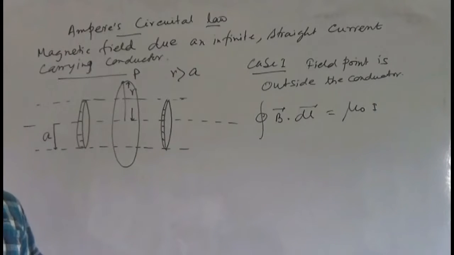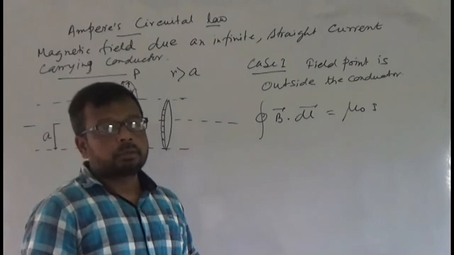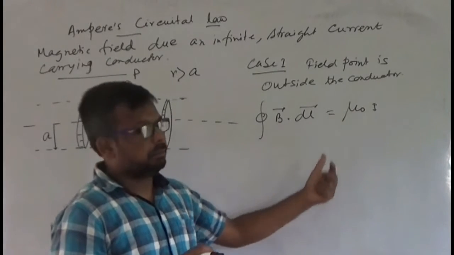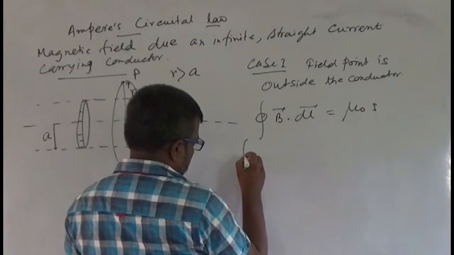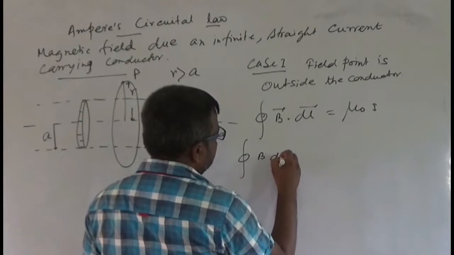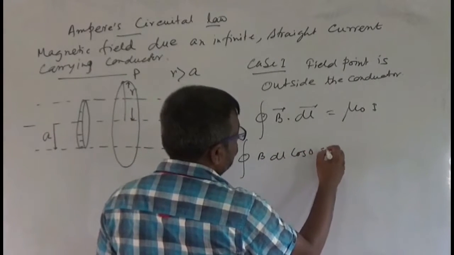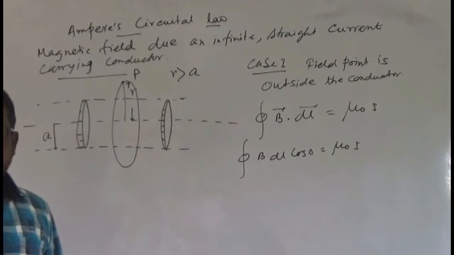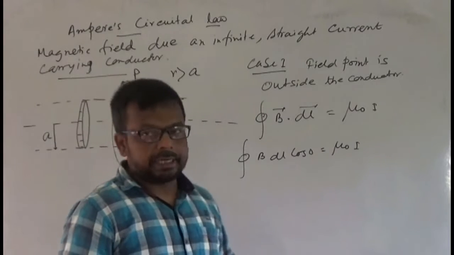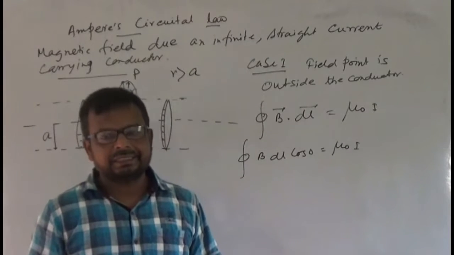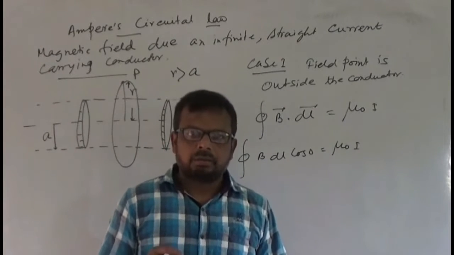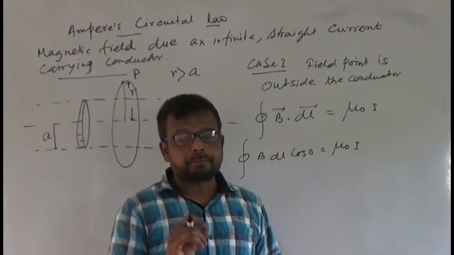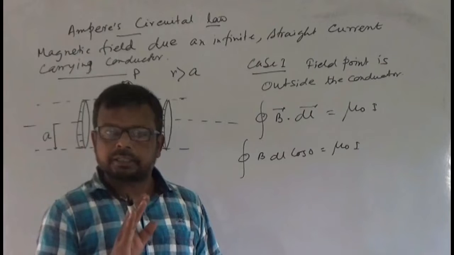And we have already discussed that the field lines will be concentric circles. Therefore, B and dl are parallel, so we can write the closed integral of B dl cos 0 is equal to mu naught I. Also, B only depends on the distance of the field point from the axis of the conductor.